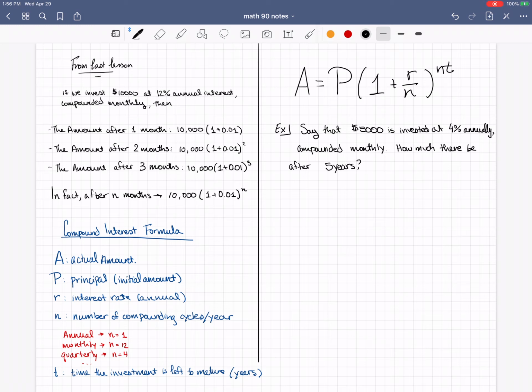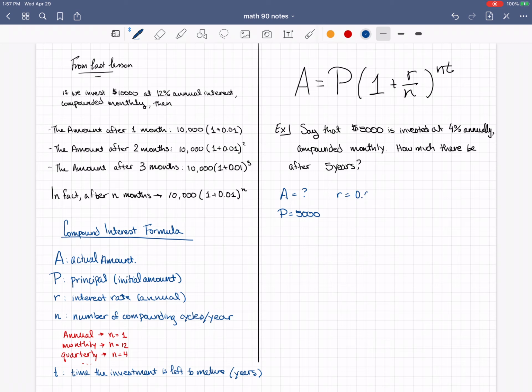All right, so I'm going to go back to this blue color that I was using before, and I'm just going to label all of the pieces. So A is what we do not know here, right? We're being asked how much will there be, meaning we don't know A. P, that's the initial amount. That's $5,000. R is the annual interest rate, so that's 4%.